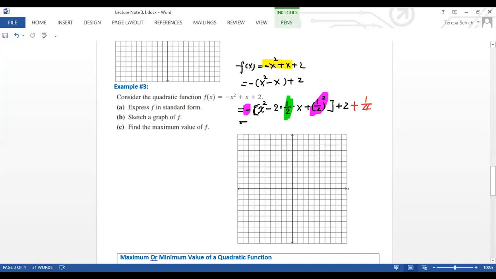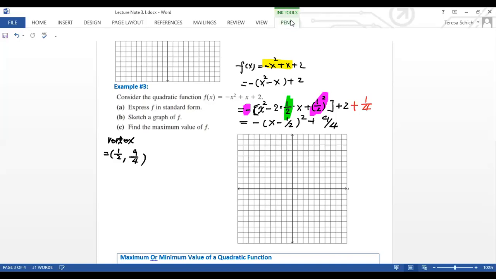Okay, so now finally, so this is negative x minus 1/2 to the square, and 2 plus 1/4, what is that going to give you? It is plus the 9/4, right? Okay, so now my vertex here is going to be 1/2, and this is 9/4.